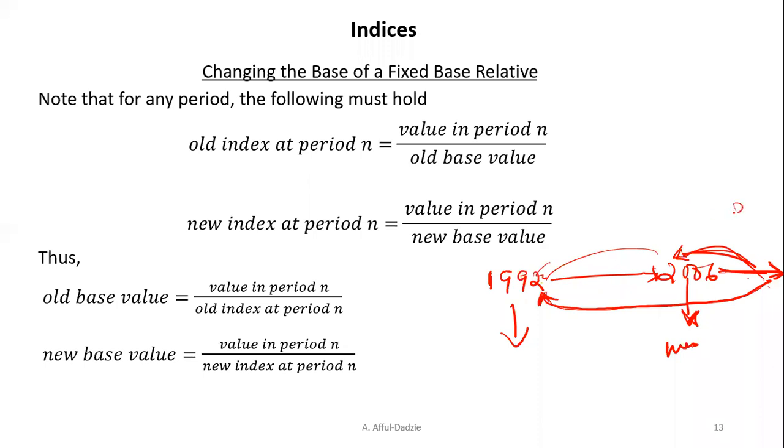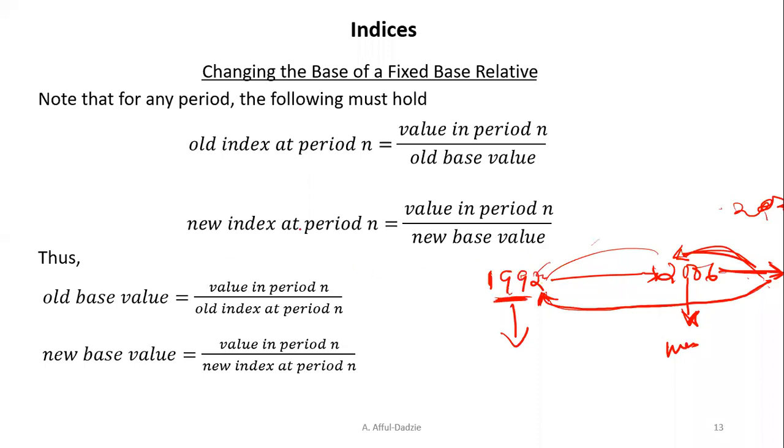Using the old index at period n, when we are in 2020 and I want to make a comparison, using the old index as 1992, the value in 2020 would be the value in period n, which is the current period I want to make my comparison in, divided by the old base value. I would choose the base value of this period because I am comparing 2020 to 1992.